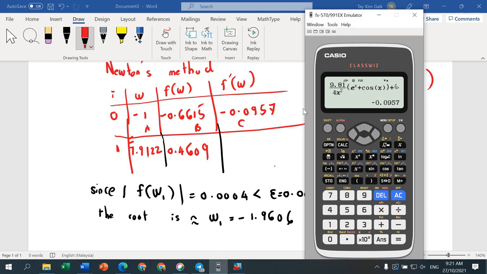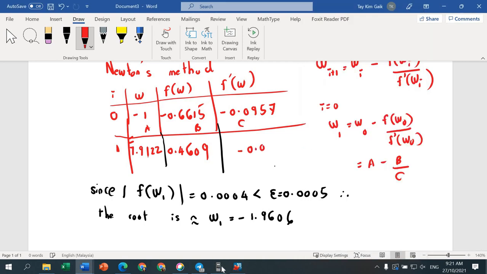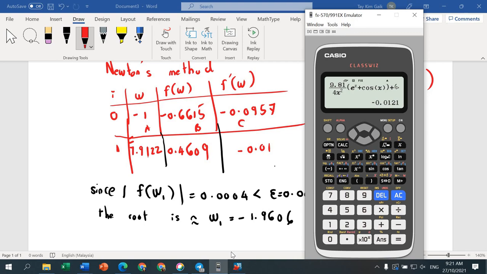Okay. Calculate F prime W1. Where the X is this. So you get negative 0.0121.